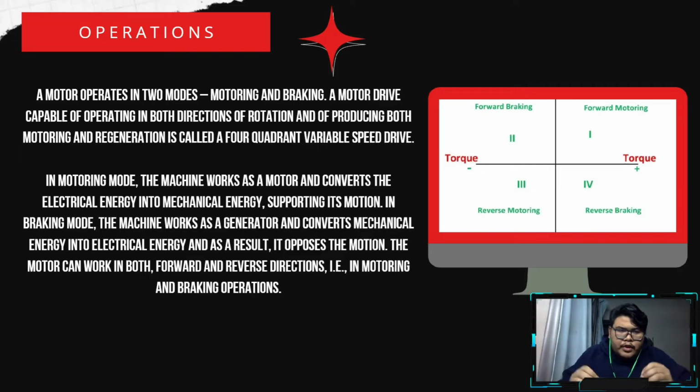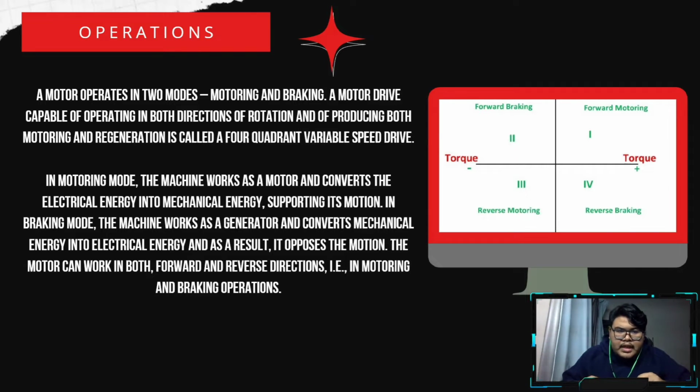Next, we are going to talk about the operations. A motor operates in two modes, motoring and braking. A motor drive capable of operating in both directions of rotation and of producing both motoring and generation is called a four quadrant variable speed drive.